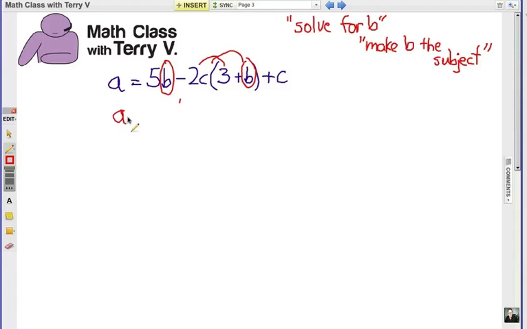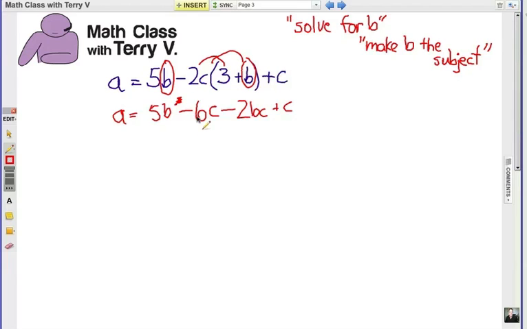So A equals 5b, 2c times 3 is minus 6c, and 2c times b is negative 2bc. We'll put the variables in alphabetical order there, plus c.